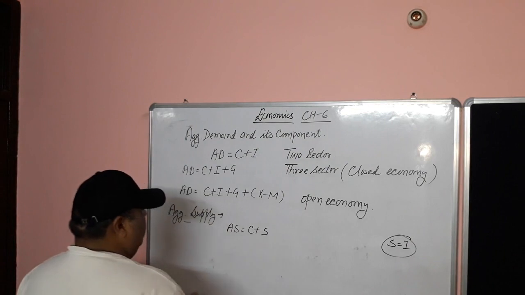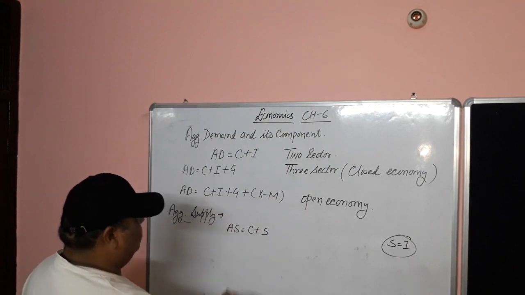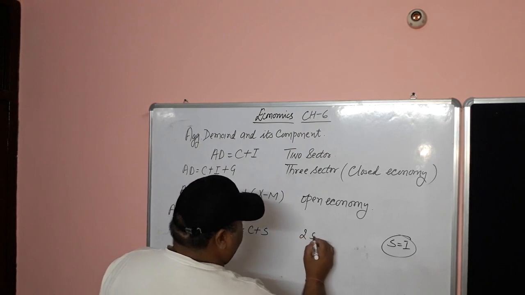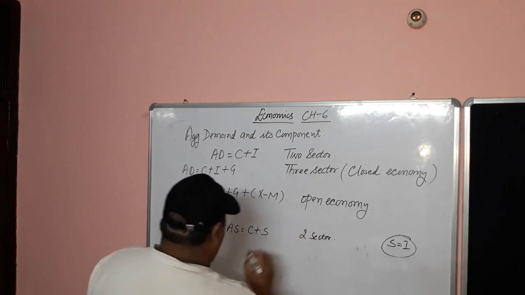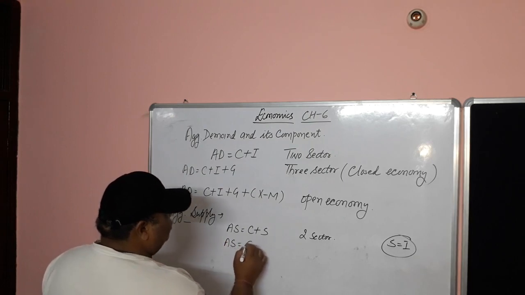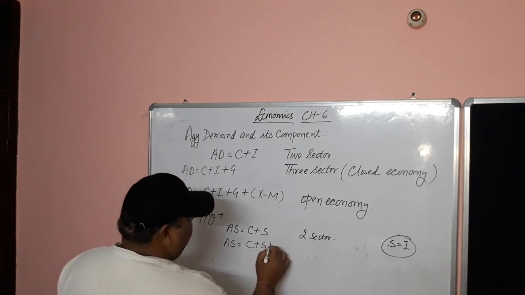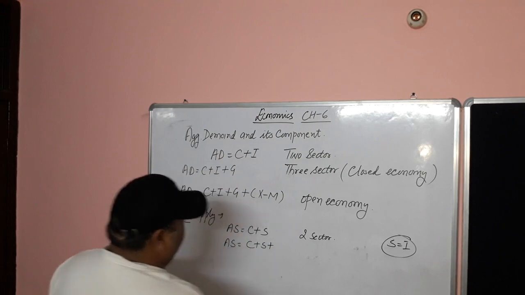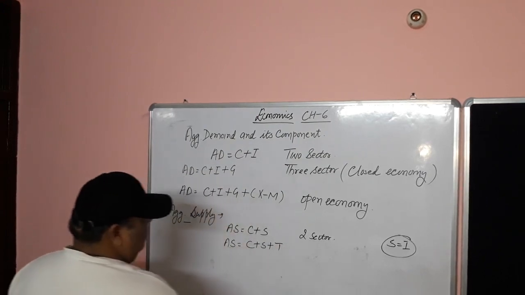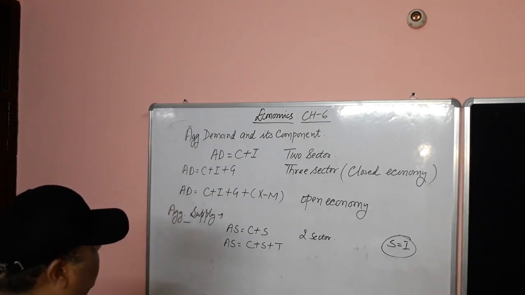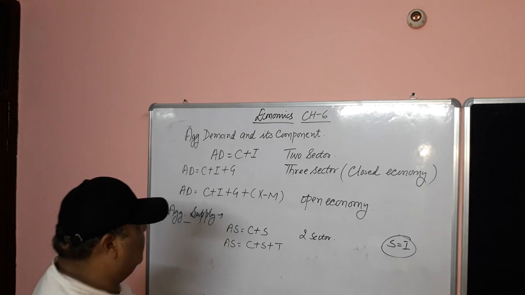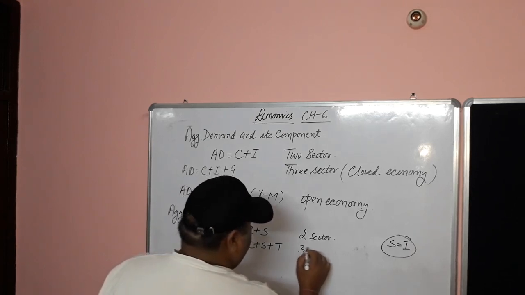So for aggregate supply, we consume the commodity and save. That is in a 2 sector economy. In a 3 sector economy, aggregate supply is the addition of consumption, saving, and third, the government sector, tax. So we consume the commodity, save the commodity, and we pay the tax in a 3 sector economy.